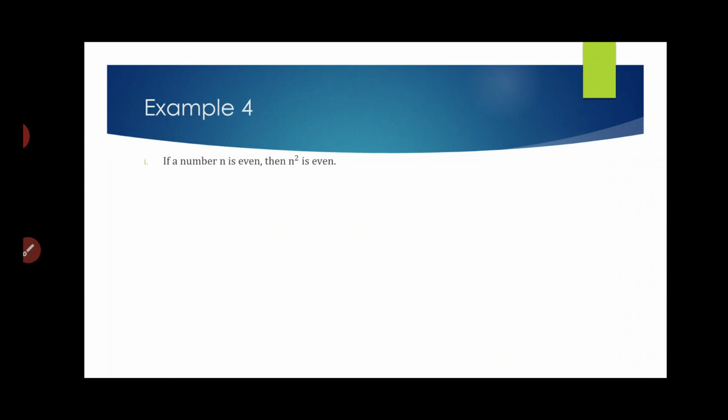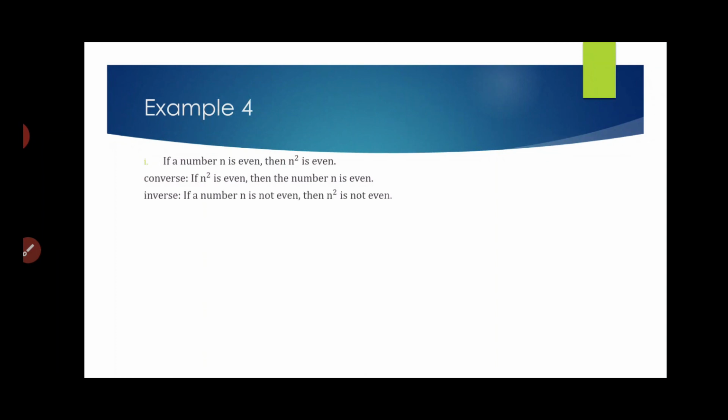Now let us write the converse part. As sir explained, if P implies Q is the statement, then converse is just the reverse of it, so Q implies P. So if n square is even, then the number n is even.